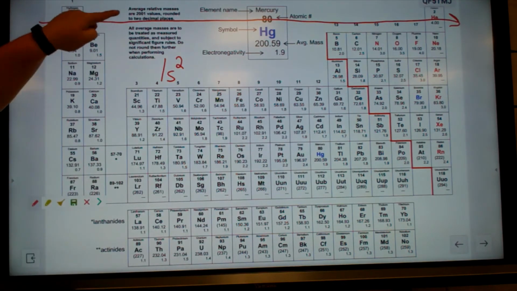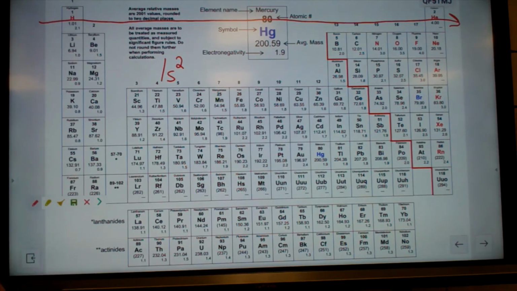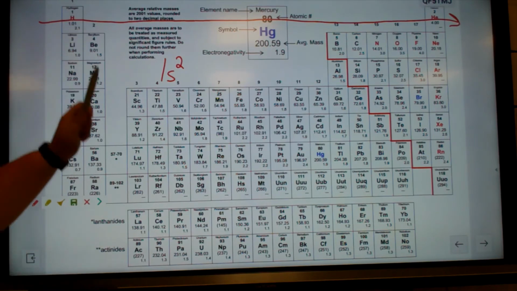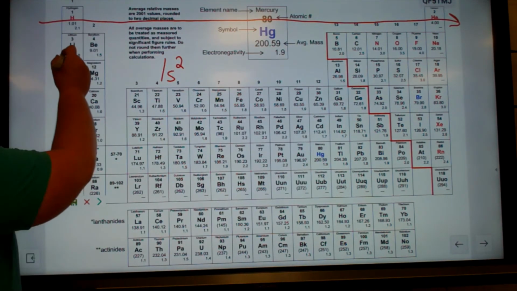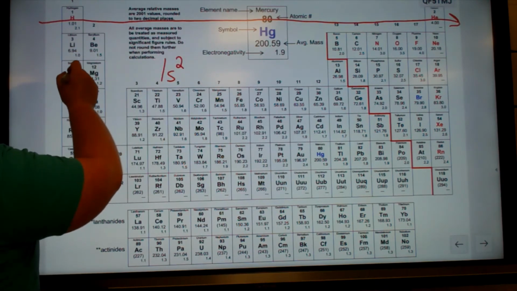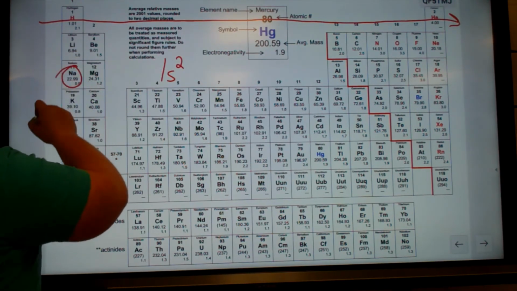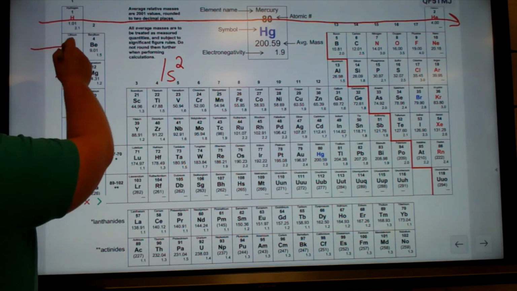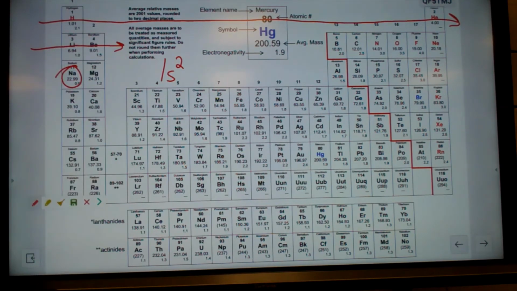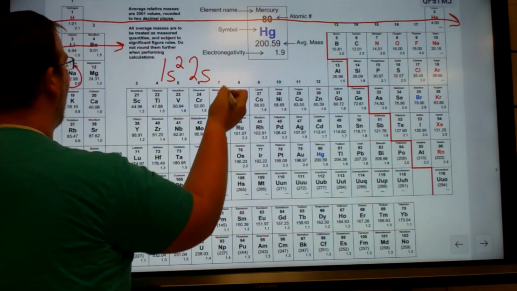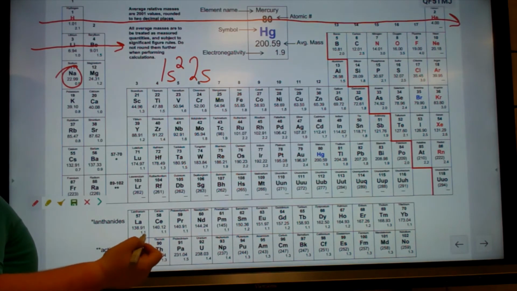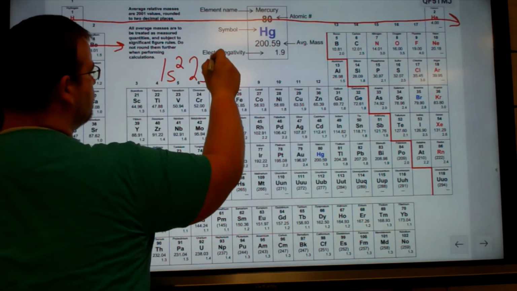You look at those boxes as the electrons: there's your first electron, second electron. Let's keep going because we have not reached the stopping point yet. So I go through lithium and beryllium, all the way through. What row is that? Second row. S block. How far? All the way, so 2S2.